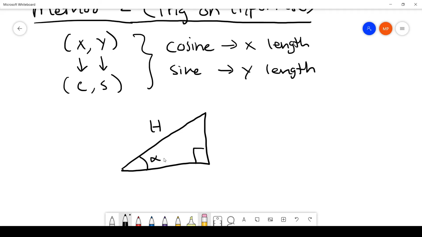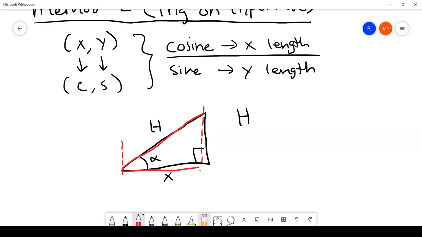And so given some angle of alpha here, if I want the x length of the hypotenuse, I'm going to start off with this big line here, and only get the direction of travel in the x.